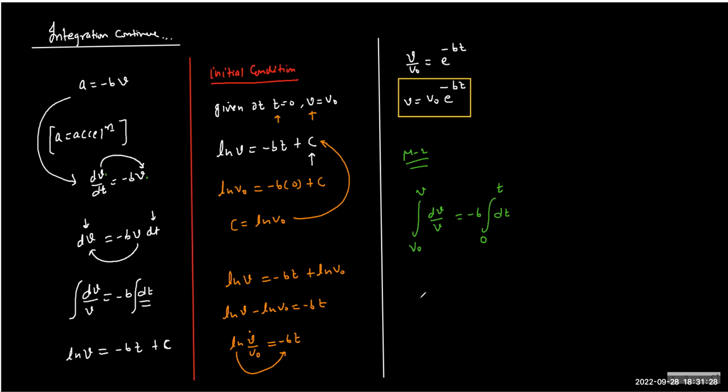And what do you do next? You integrate the way you do, and then you write the limit the way I'm writing: lower limit, upper limit. And what is the formula for definite integration? You substitute the variable by the upper limit, and you subtract the variable at the lower limit.